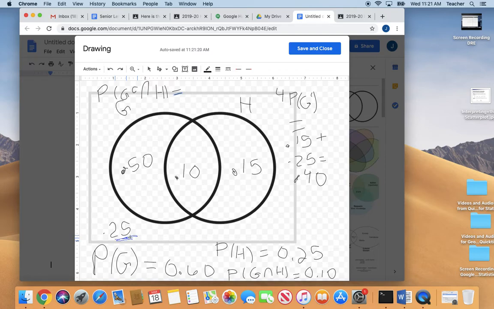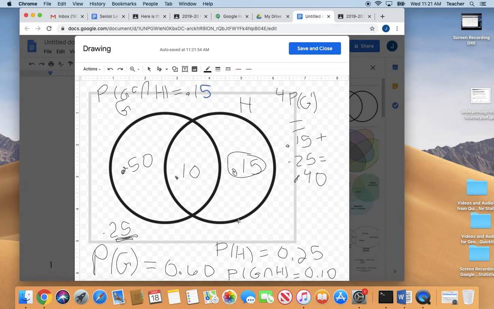Okay? But not only does it have to be in the complement of G, so not inside this circle of G, it also has to be, and it has to be in H. So this 0.15 here is the only part that's in the complement of G and in H. So number 5, the answer would be 0.15.